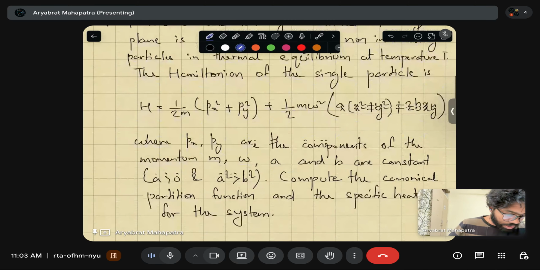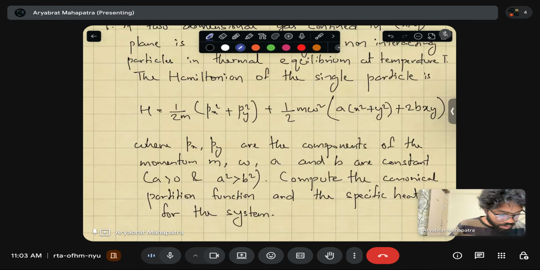If you see the Hamiltonian which is given, it is given in terms of the variables px, py, and you remember whenever we have this kind of situation, we define the partition function in terms of a phase space integral, because these are given in phase space variables x, y, px, py.